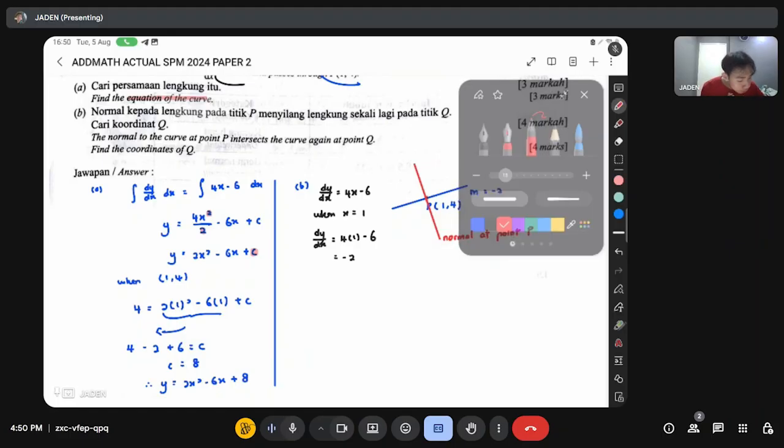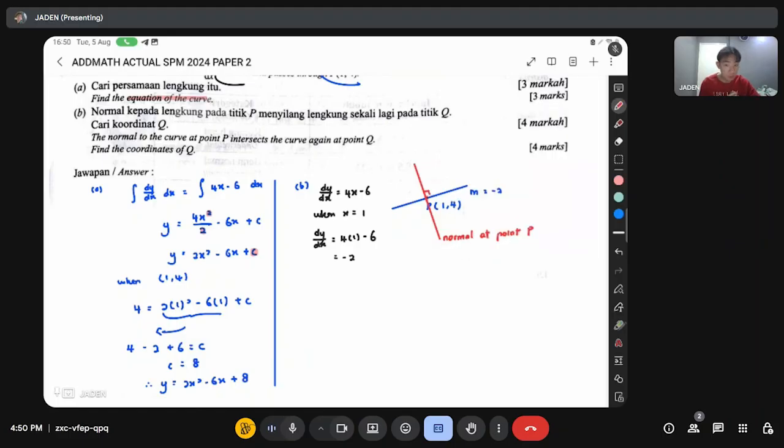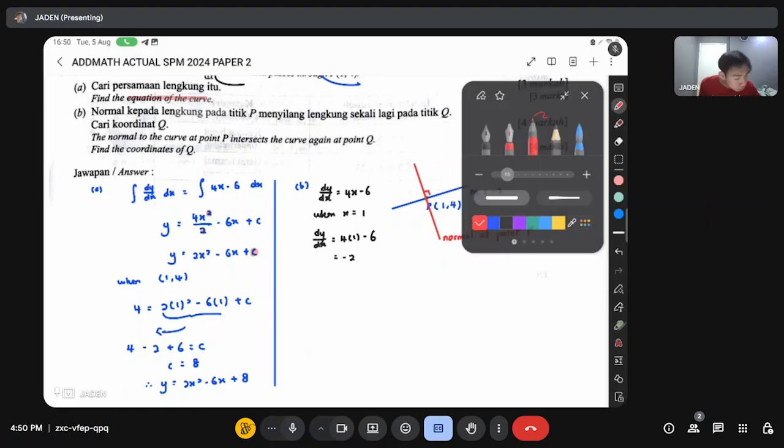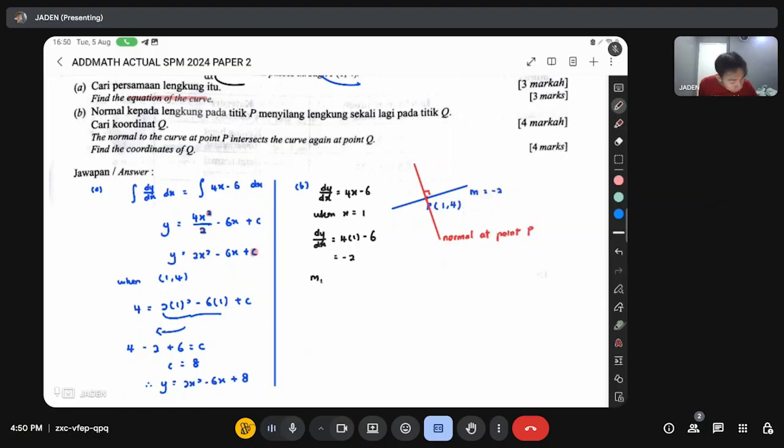And your normal line has a characteristic of 90 degrees. So if you want to get the gradient of the normal line, you have to use the concept of m1 m2 equals negative 1. You learned this in Form 4, Chapter 7, Coordinate Geometry.